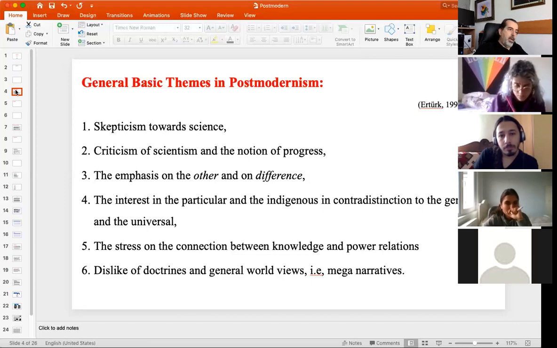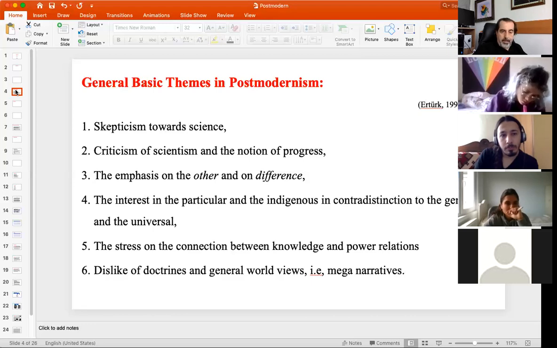So a particularist outlook must be adopted even in science, right? So they are against the grand narratives or mega narratives in this sense. They dislike doctrines and general worldviews, mega narratives, because particularity is important.